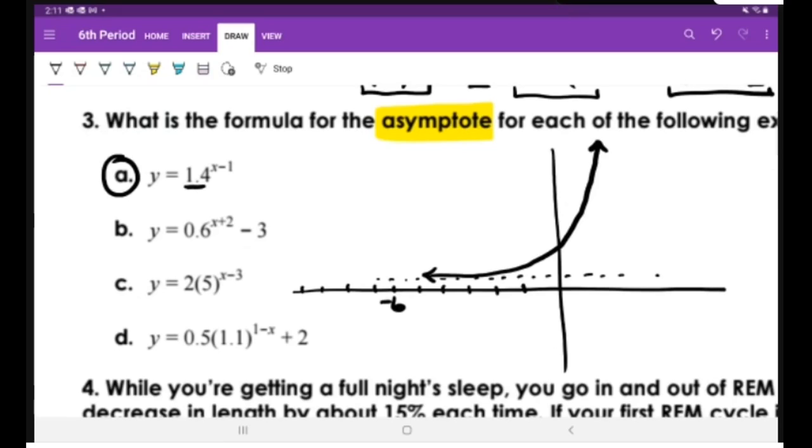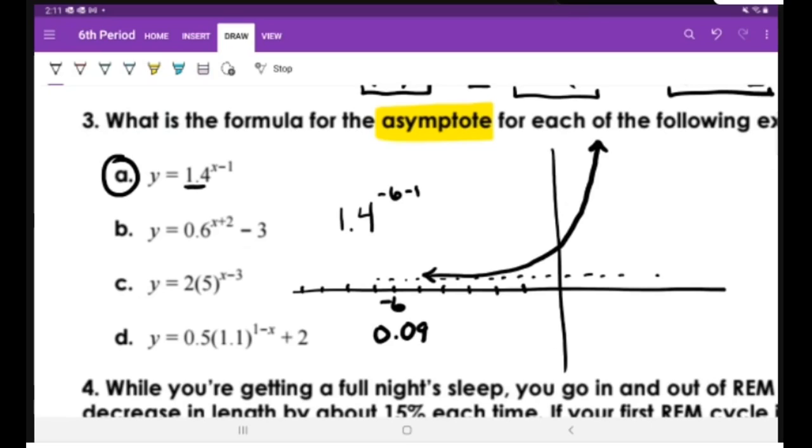So all I do is I pull up my calculator and I type in 1.4 to the power -6 minus 1. That gives me 0.09. What do you think this is getting really close to, just based on this alone?